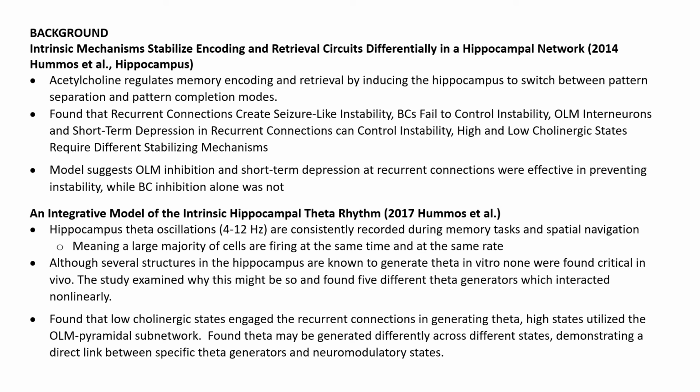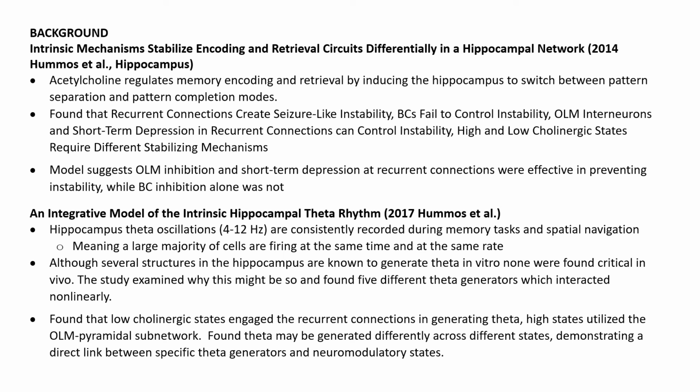In short, the neurotransmitter acetylcholine regulates memory encoding and retrieval by switching between a pattern separation and completion state. Excitatory recurrent connections inherently create seizure-like activity. Inhibitory basket cells of the CA3 alone fail to control the network stability.